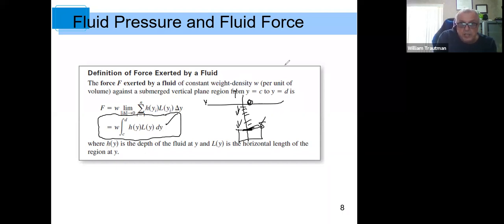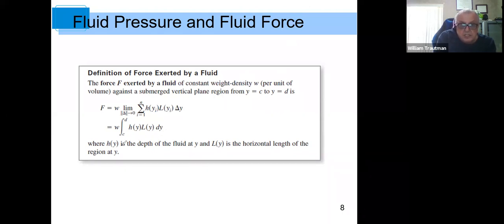So h(y) is the depth of the fluid. And L(y), this is kind of weird, but this is it, is the horizontal length of the region at y. This is the depth, and this is the horizontal length.